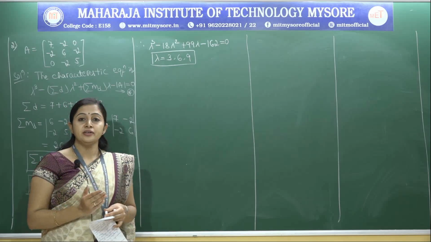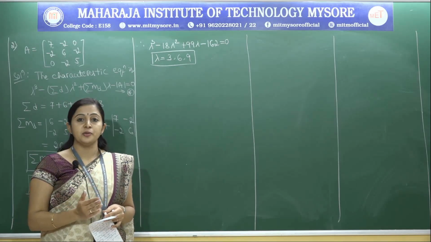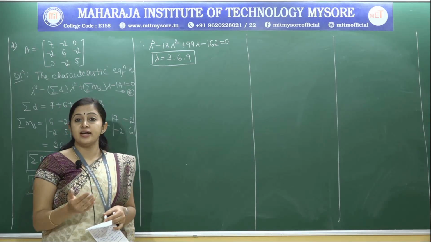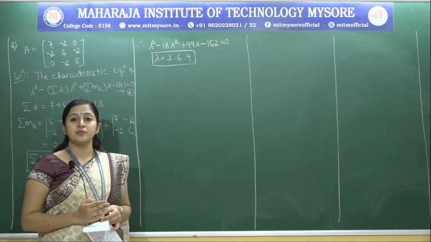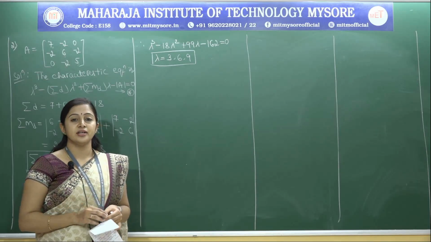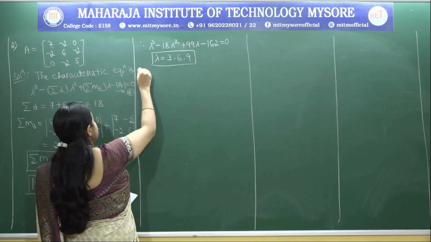Then to find the eigenvectors, consider the system of linear equations. Then substitute lambda equals 3, 6 and 9 to the corresponding system of linear equations. Then solve that by cross multiplication, you will get the eigenvectors. So write this step by step.